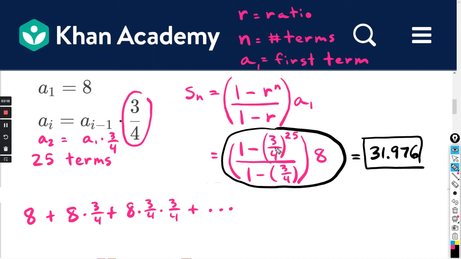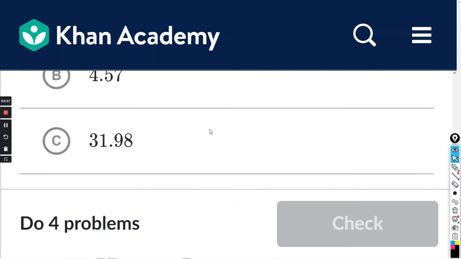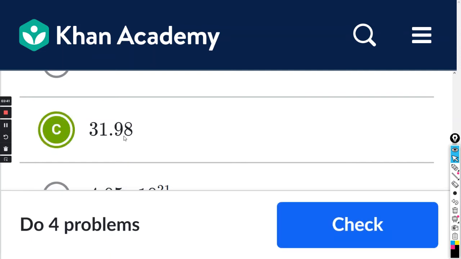Alternatively, you can use 0.75 in place of 3/4. Rounding off, I get 31.976. So this is the closest answer, answer C. They rounded off to 2 decimals.